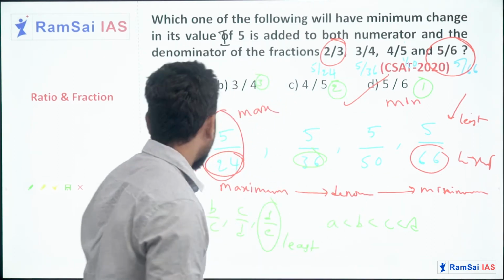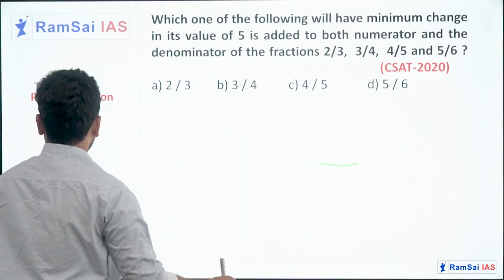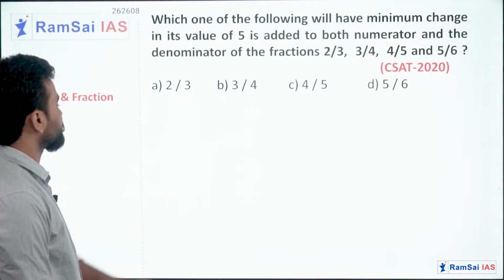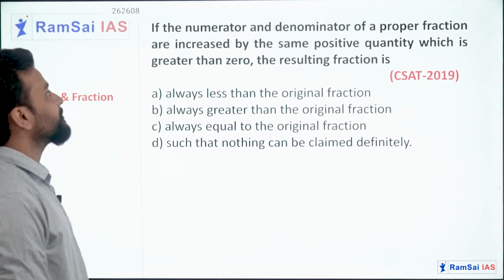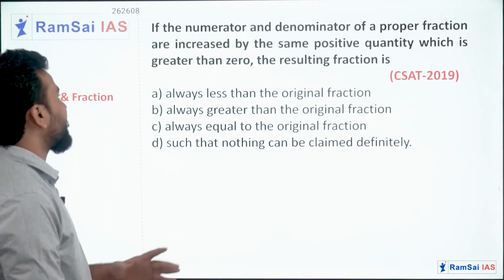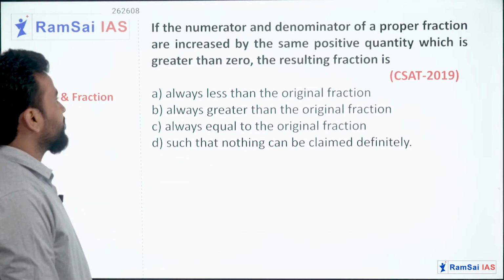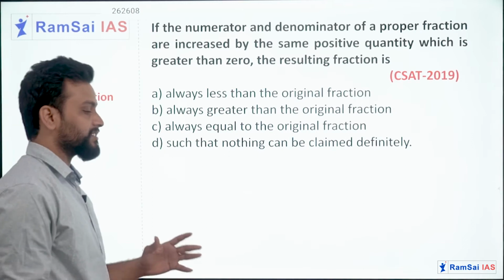So, the next question in this, just read it once. If the numerator and denominator of the proper fraction are increased by the same positive quantity which is greater than 0, the resulting fraction will be dash.